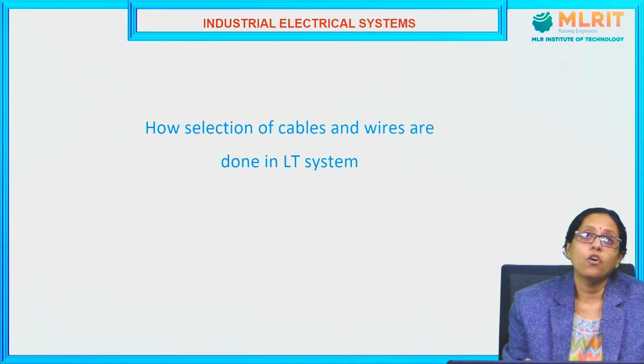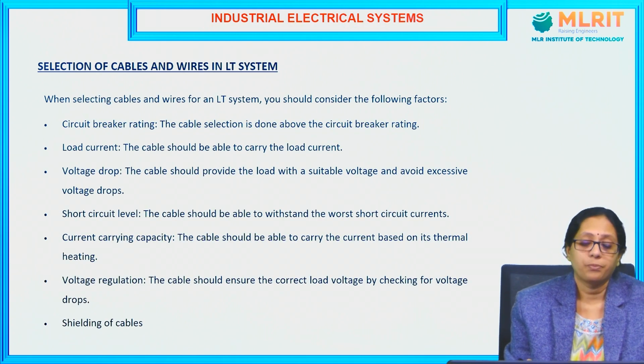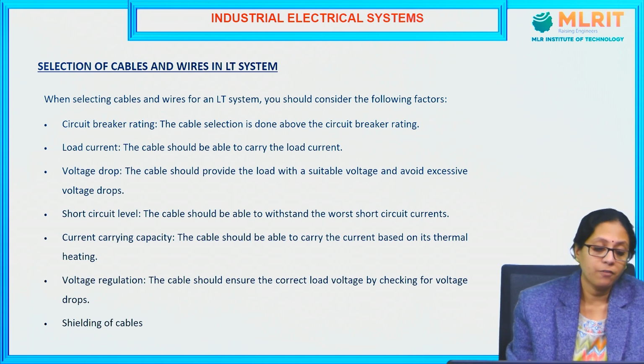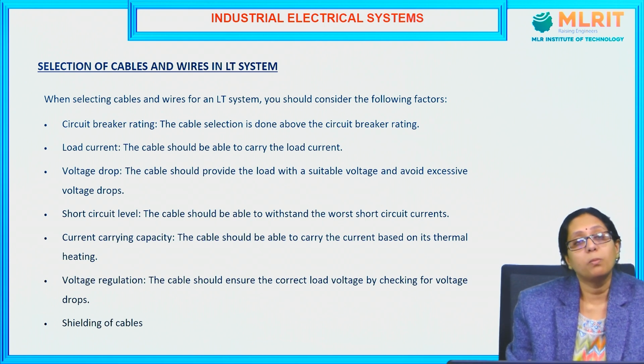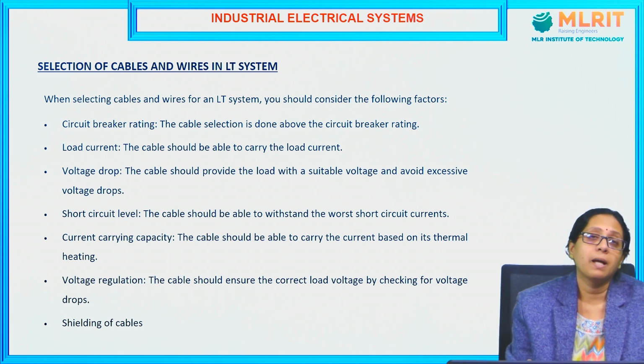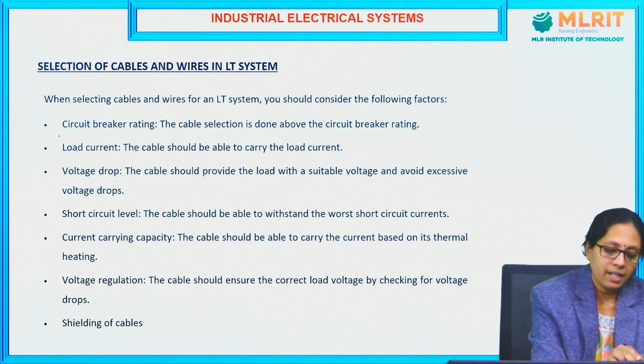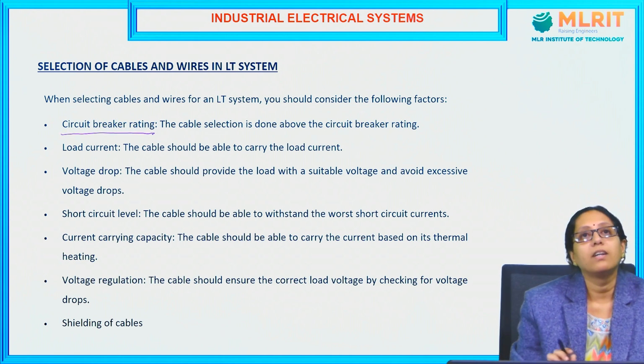How is selection of cables and wires done in an LT system? In the selection of cables and wires in an LT system, there are different criteria which have to be measured. After that only, the LT wiring system cables and wires are selected. While selecting, the first criterion is circuit breaker rating.